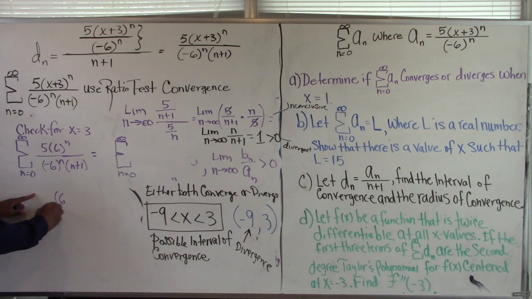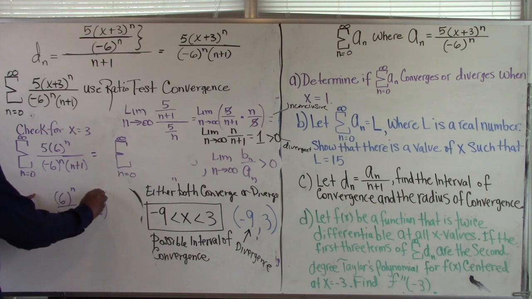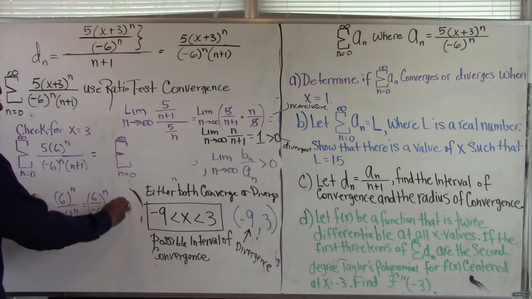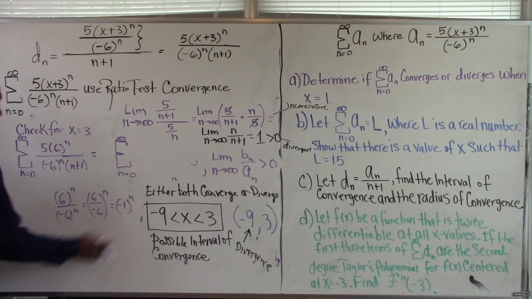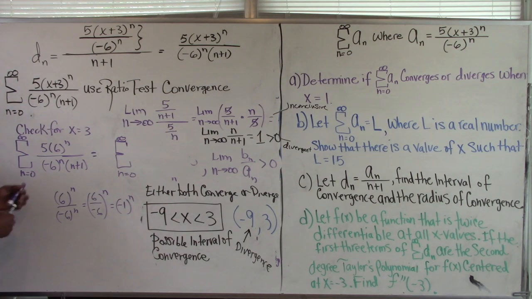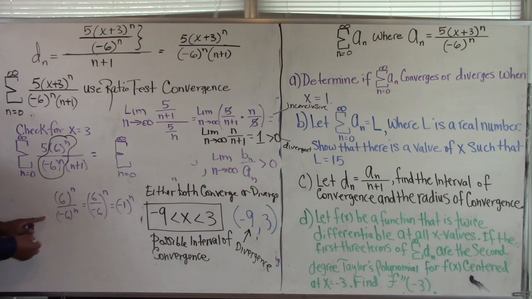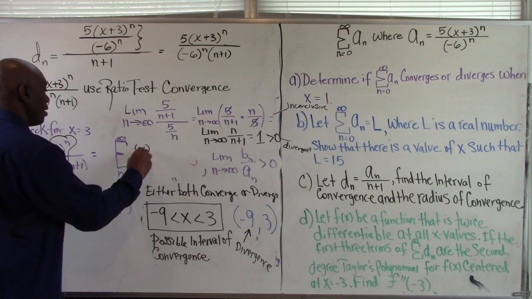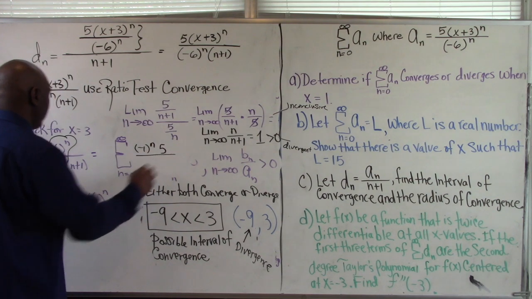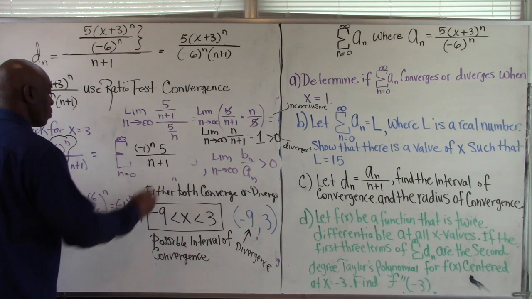I have 6 to the n over -6 to the n, which can be written as 6 over -6 to the n, which is -1 to the n. Okay? So that's how I'm going to write this right here. There you go. So I'm going to have the summation of -1 to the n times 5 all over n plus 1.